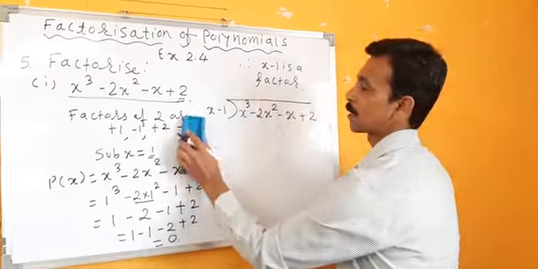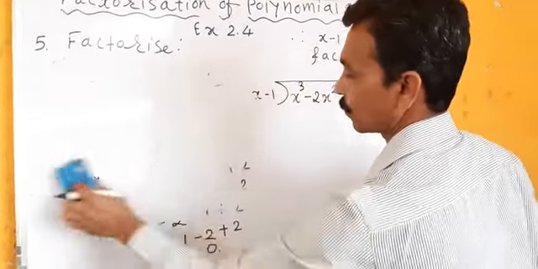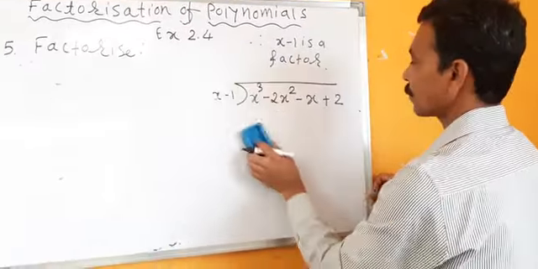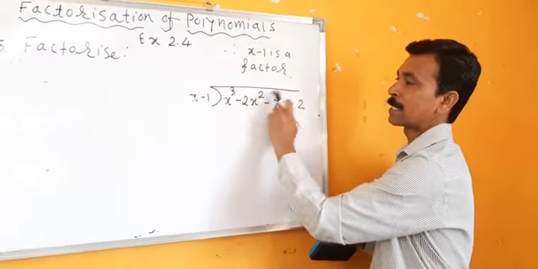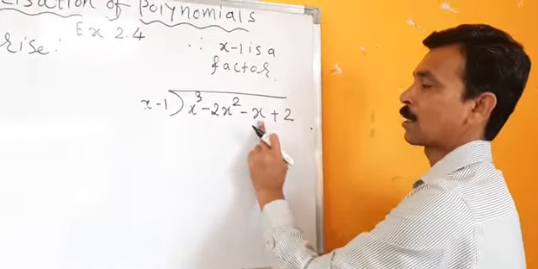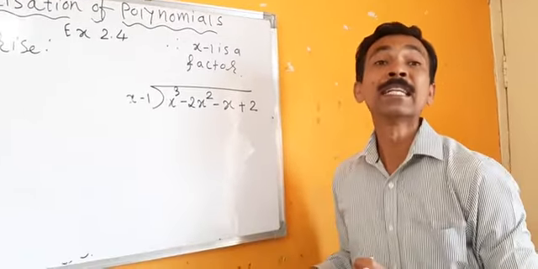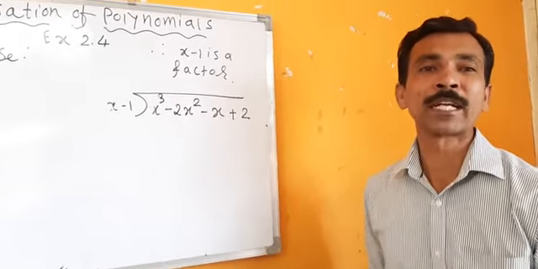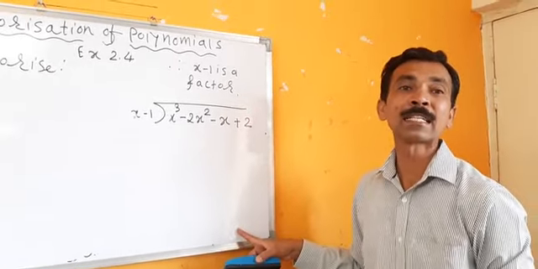Now, this x cube minus 2x square minus x plus 2 is called the dividend, and x minus 1 is called the divisor. Whatever answer we get is called the quotient, and whatever is left after dividing is called the remainder.